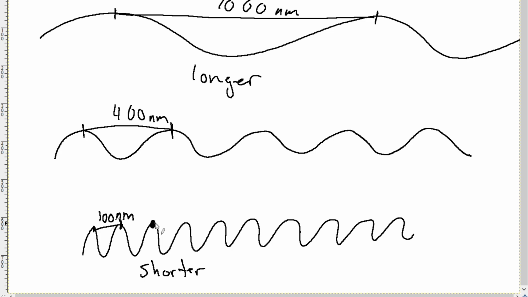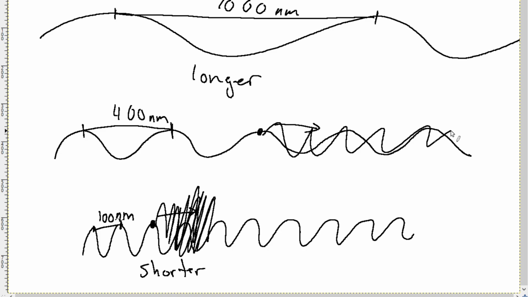And if it's moving this way at the same rate as a particle right here moving this way, this thing is going to be going like this, super, super fast. And this thing is going to be kind of like chilling, going a little slower. So I like to think of the ones with shorter wavelengths as kind of like these little hyperactive things that bounce up and down really quickly, whereas the longer ones kind of move up and down pretty slowly. So that's how I remember it. I don't know, hopefully that'll work for you.